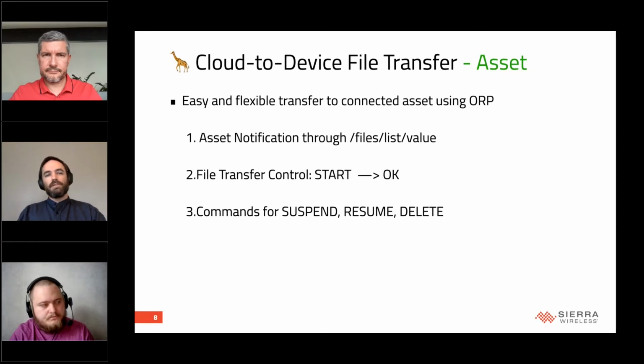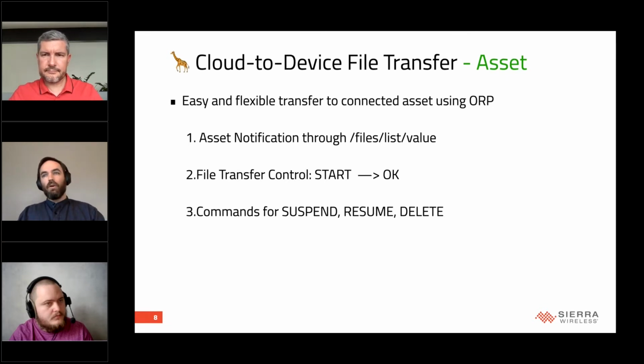And finally, let's take a brief look at the asset side. To initiate a transfer to your asset from the Octave device, we use the familiar Octave resource protocol. ORP has been extended to support start, suspend, resume, and delete commands on file handles. By registering a file handler on the new file resources that I was just discussing, the asset controller can be notified of any new files that are available and then can transfer those accordingly.